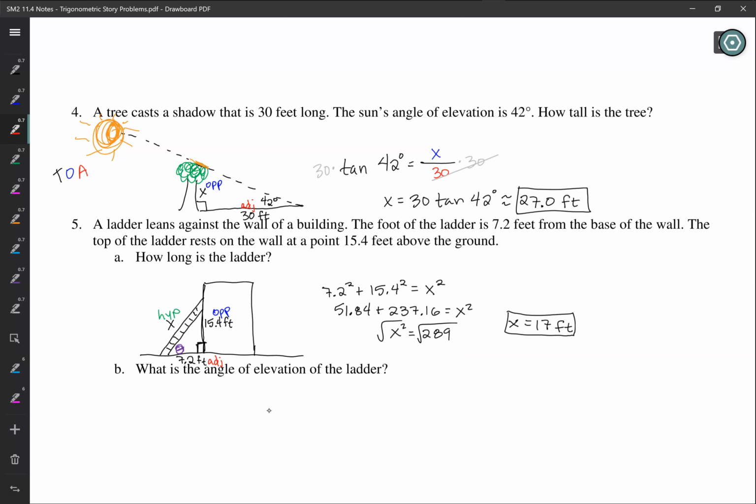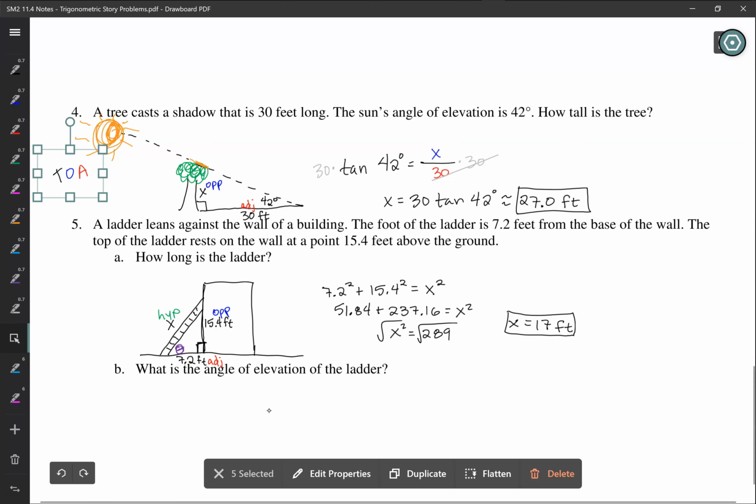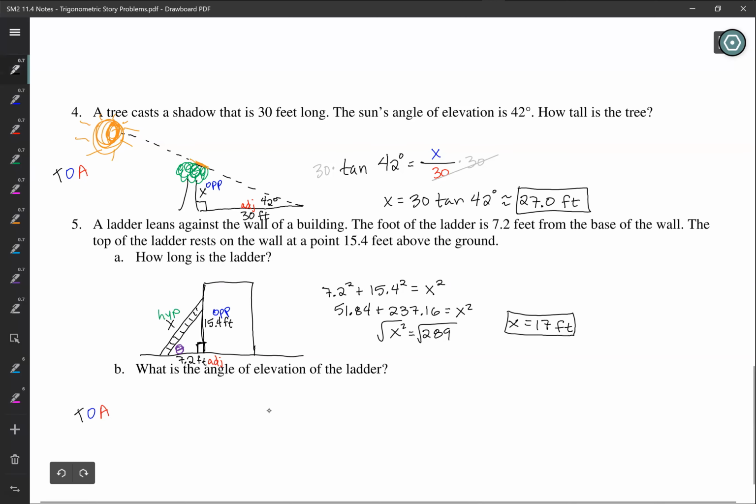So I'm going to use the 15.4, which is opposite the angle of elevation, and the 7.2, which is adjacent to it. So that would be another TOA problem. So I'm going to use tangent. But if you want to use the 17, feel free.